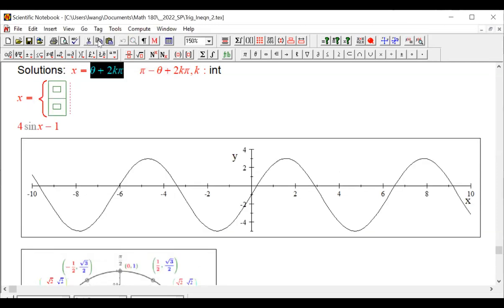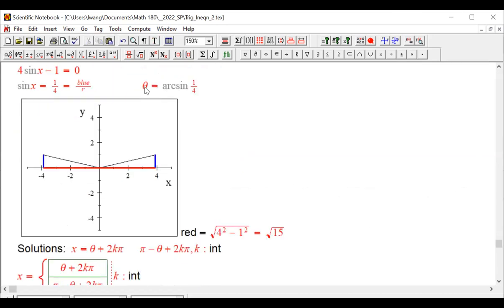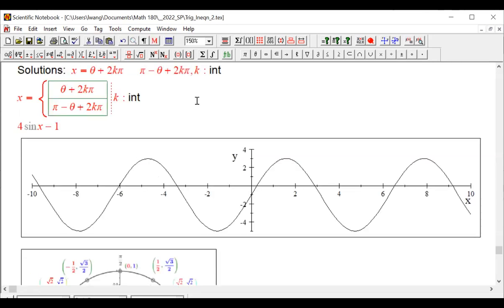So theta, of course, we know what theta is. Pi minus theta, right? k is an integer. And we also have theta. Theta is this piece. So everything is well specified. Theta is an angle, right? And what is it? This place is theta.